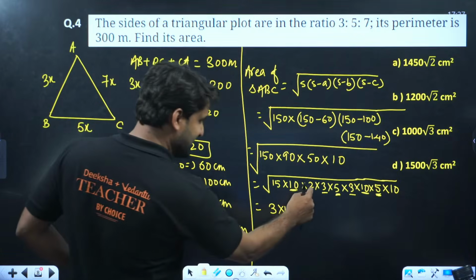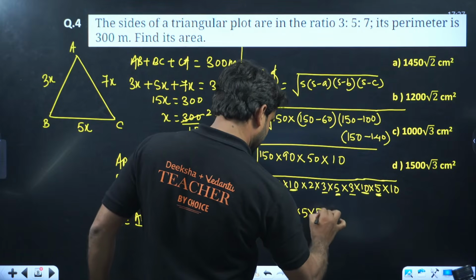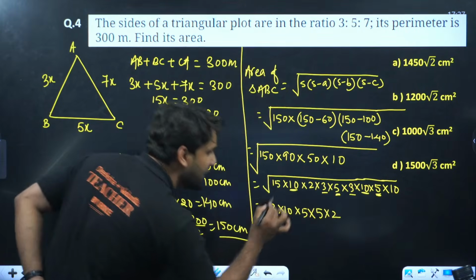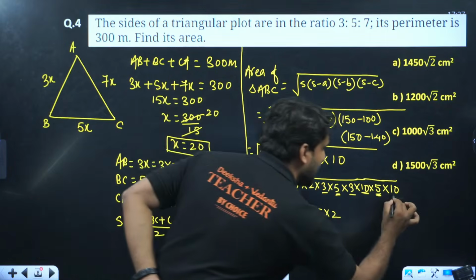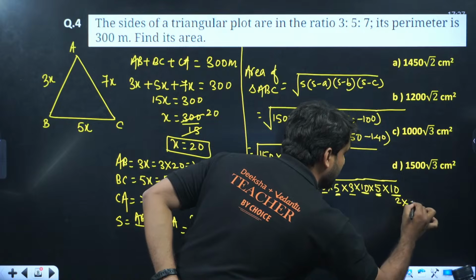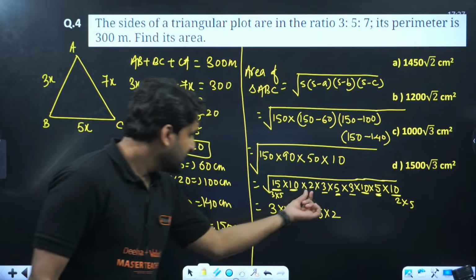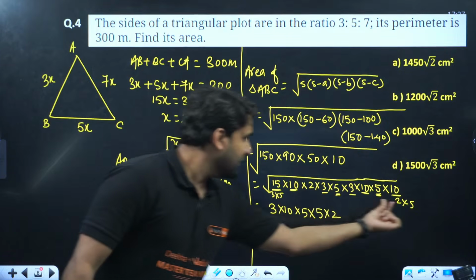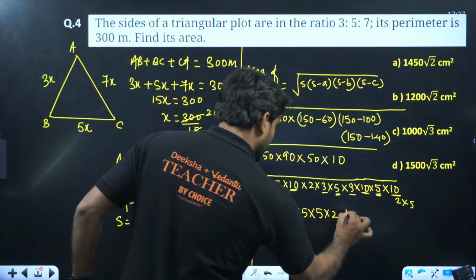And here one more 2 is there. So my dear champion, 5 and 2 will come out. Why? Because 15 is 3 into 5 and this 10 is 2 into 5. So one 5 I have taken common, this 2 and this 2 I have taken one. So only one 3 will be there inside the root. So root 3 will be there.